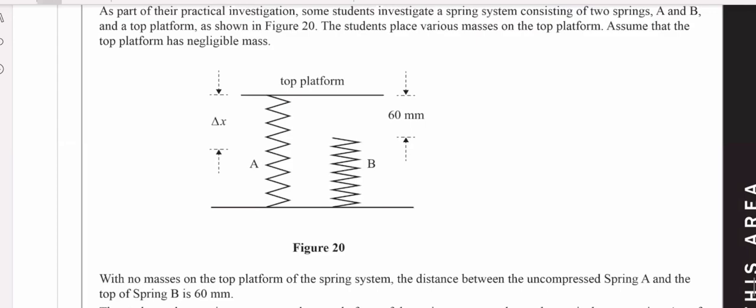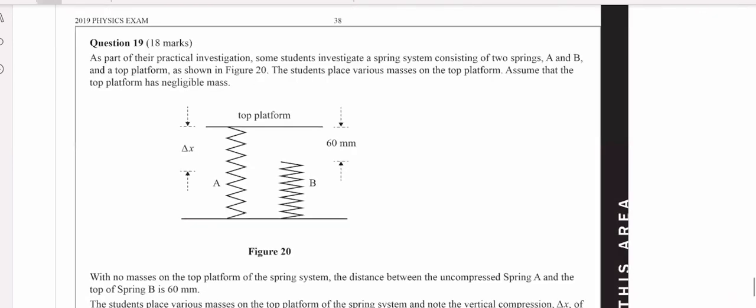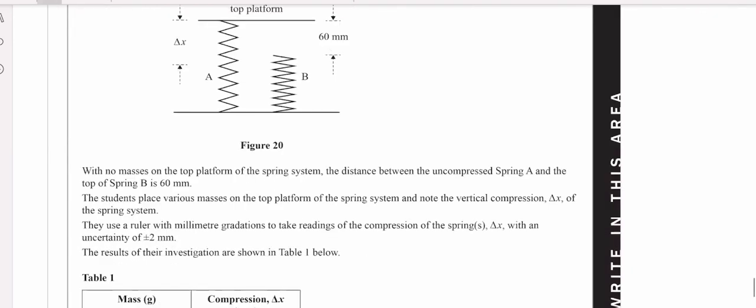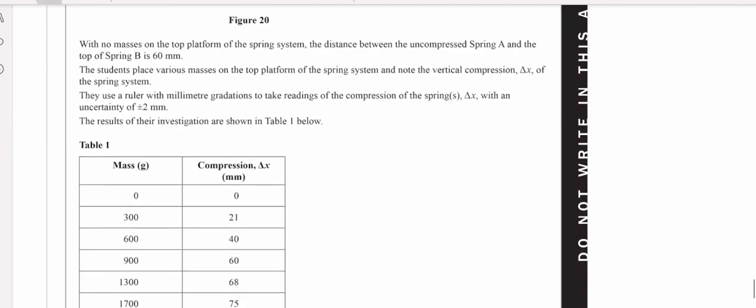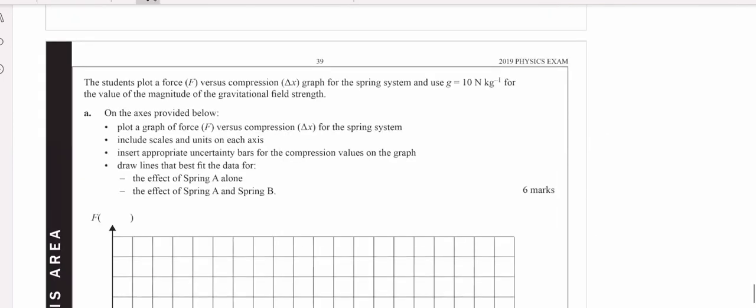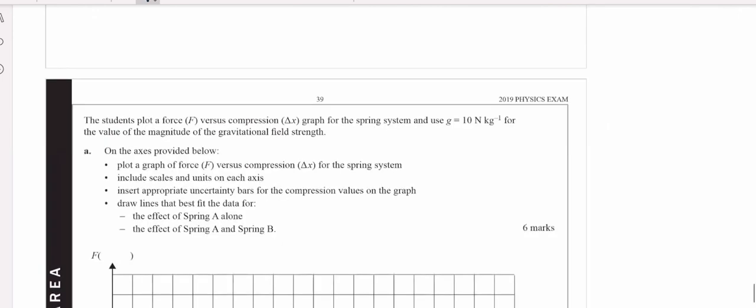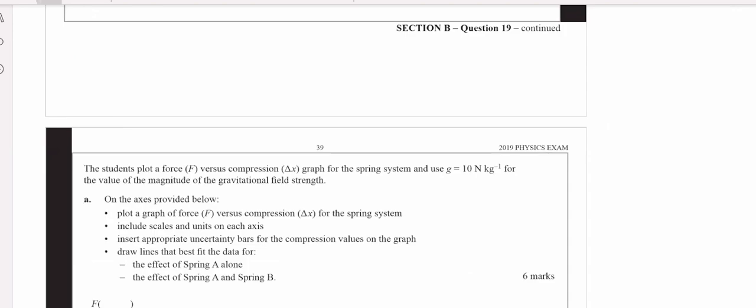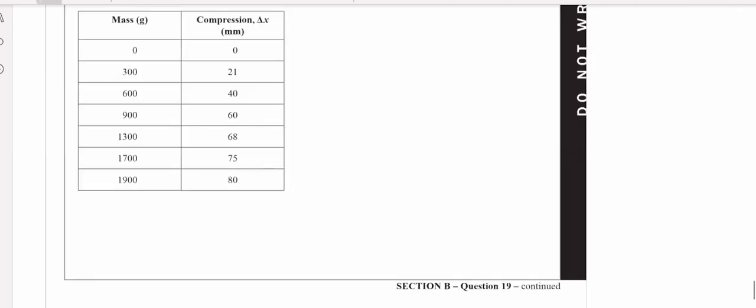And then we come to the spring question. And you had to draw a force versus compression graph and use g equals 10.